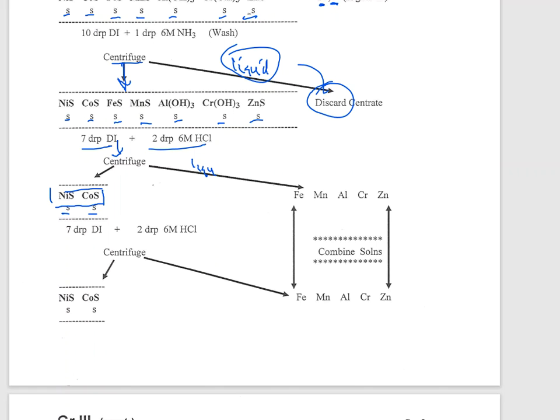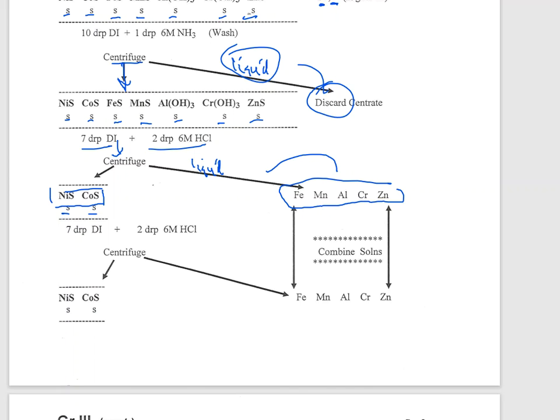The liquid that we have above in our test tube will have all of the other cations that we had in there before. So we are now separating the cations from each other. So the nickel and the cobalt will be our precipitate. We need to figure out, do we have nickel? Do we have cobalt? Do we have both? Which one do we have? So we need to start taking steps in order to get closer to that point.